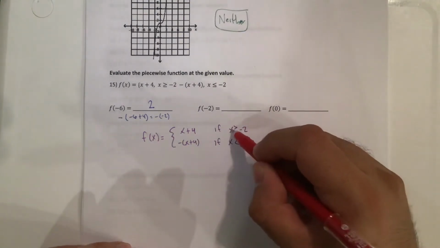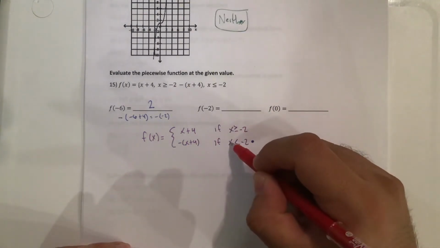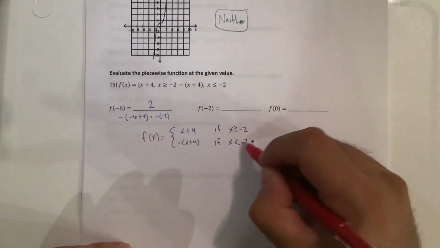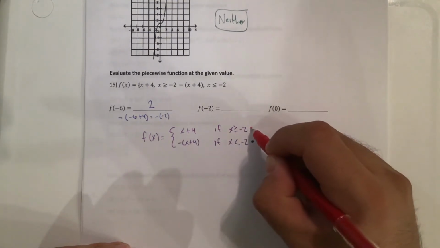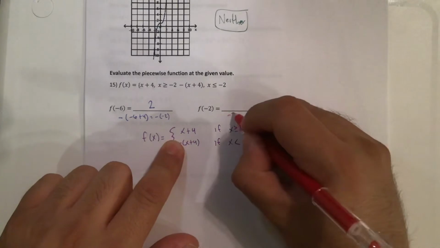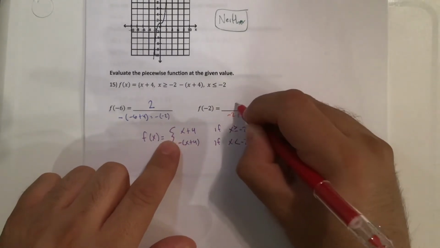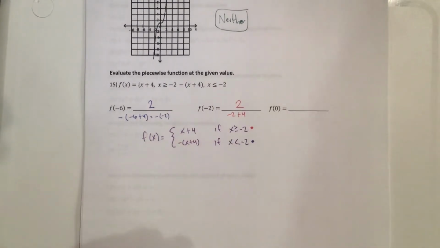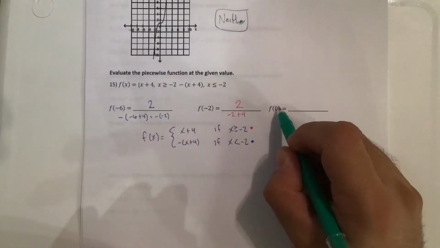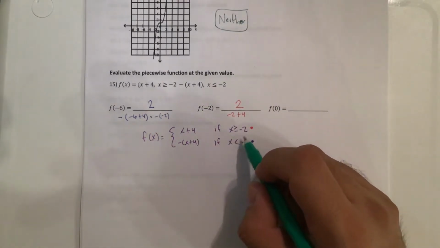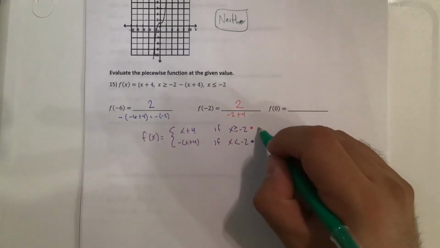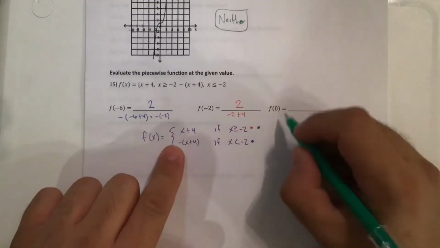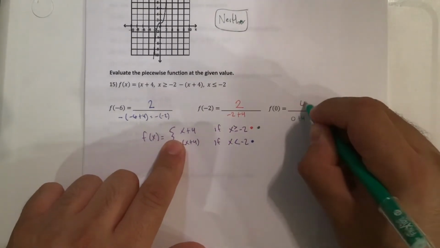Is negative 2 greater than or equal to negative 2, or is negative 2 less than negative 2? Well, we know it's not less than itself. It's actually equal to it, so it'd be this one right here. So we have negative 2 plus 4, which is going to give us positive 2. And then last, we have 0. Is 0 greater than or equal to negative 2, or is 0 less than negative 2? Actually, 0 is greater than or equal to negative 2. So we have 0 plus 4, which is just 4.